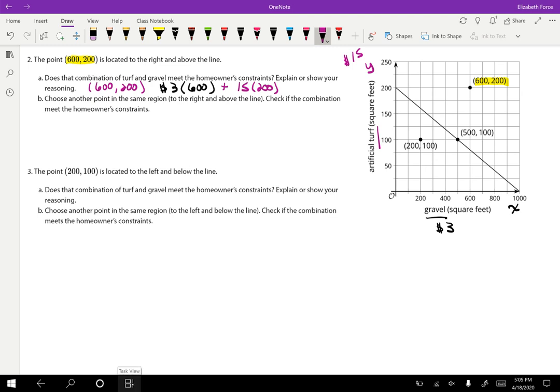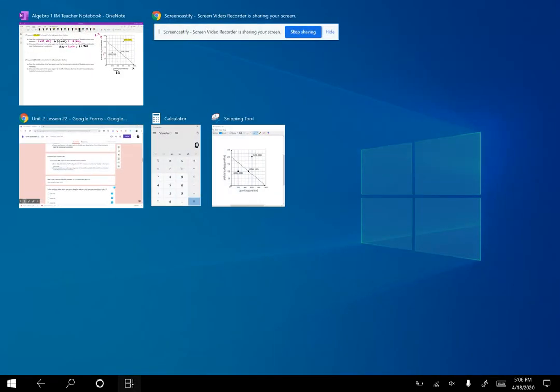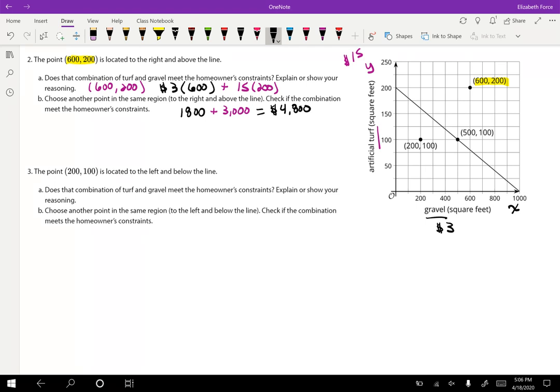Well, we can figure this one out. 3 times 6 is 18, so this is going to be 1,800, plus 15 times 200, which is going to be 3,000. If we add that together, I'm getting 4,800. Let me double check. Yes, $4,800.